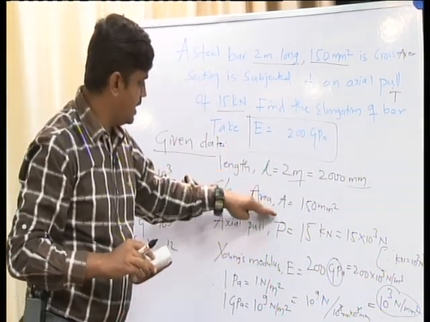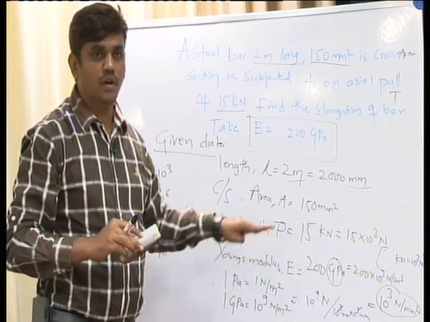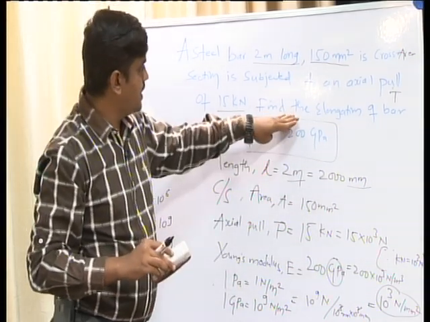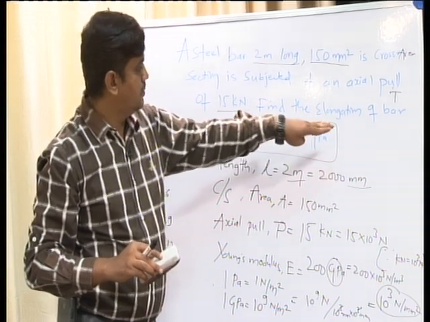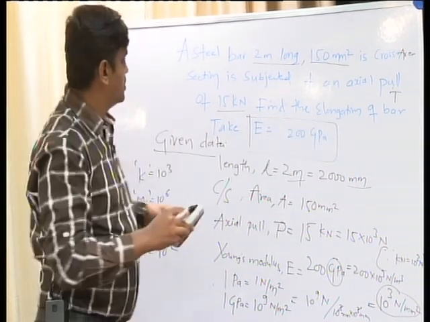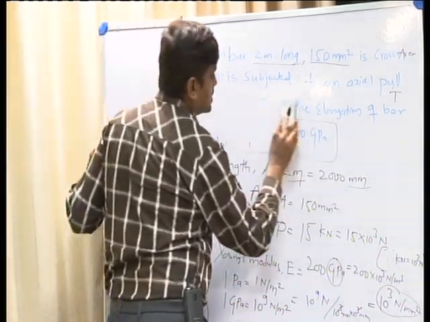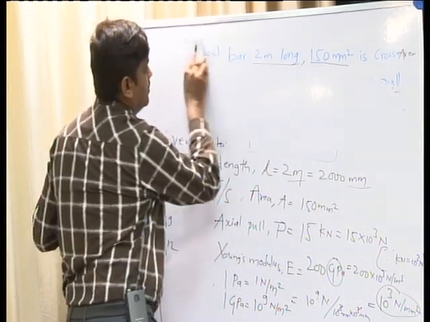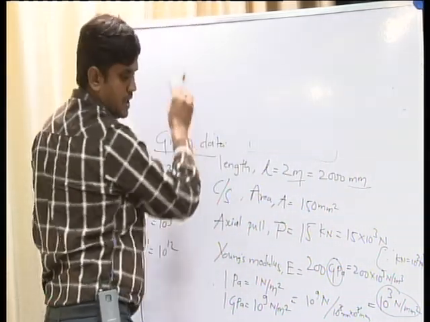Given L, area, load, and Young's modulus, we have to find the unknown value, that is, the elongation of the bar. As we know, elongation is the term which is related to strain.